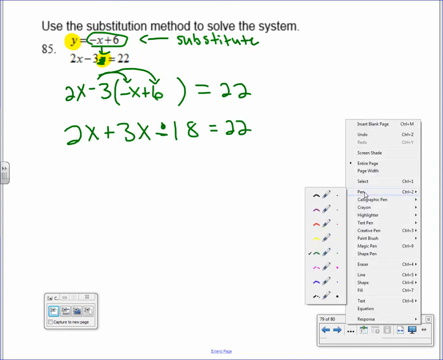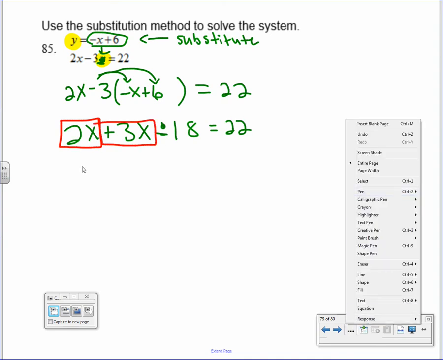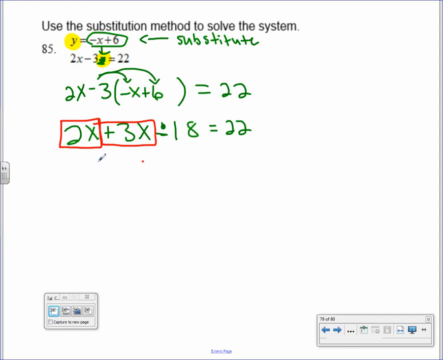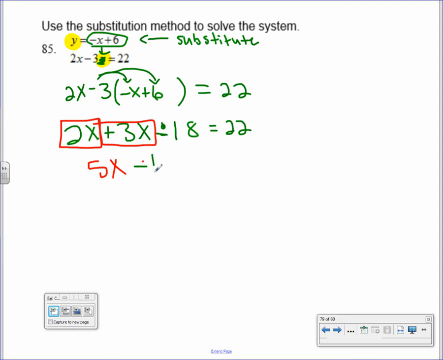Now, on the left side, I see some x's. And because they're on the same side, I can just combine them. So 2x, positive 3x, that gives me 5x. And then let's bring down our minus 18, bring down our equals, bring down our 22.